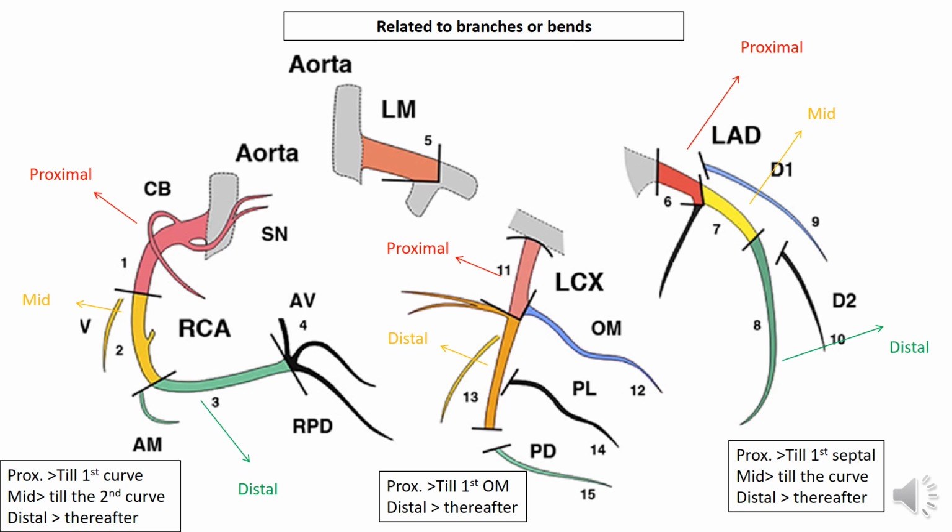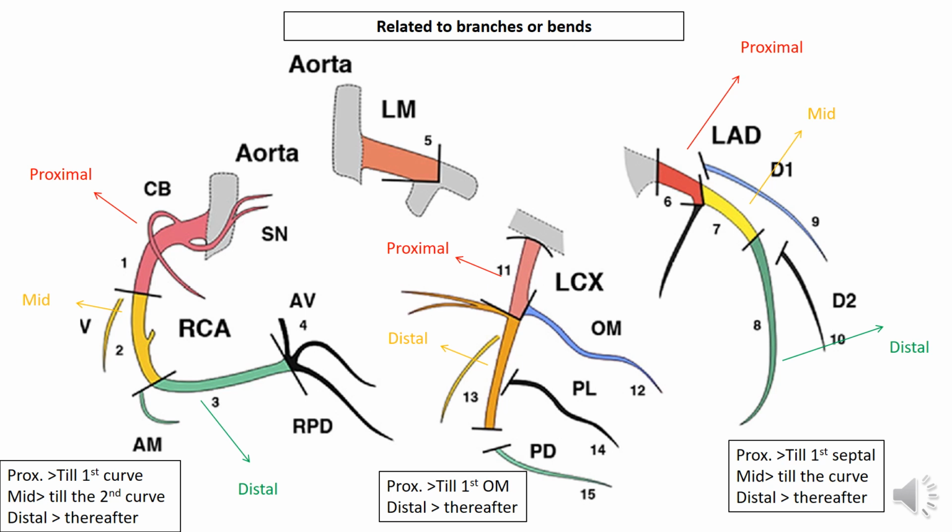Regarding the circumflex, it is composed of two segments, proximal and distal. The proximal segment extends until the circumflex gives its first obtuse marginal branch. Regarding the right coronary artery, it is composed of three segments named with regard to the bends of the right coronary artery.